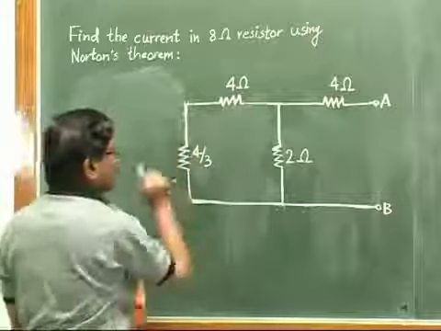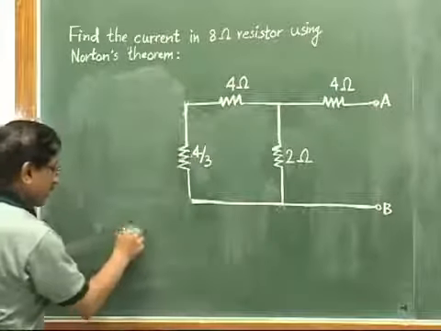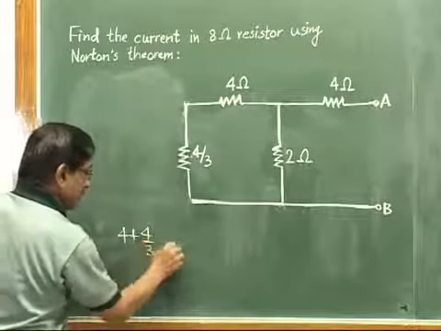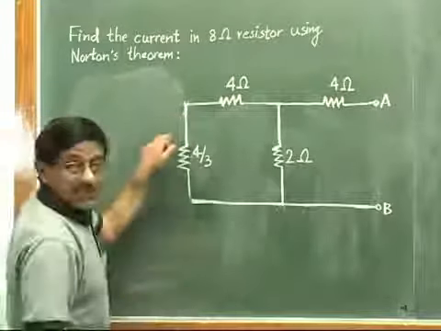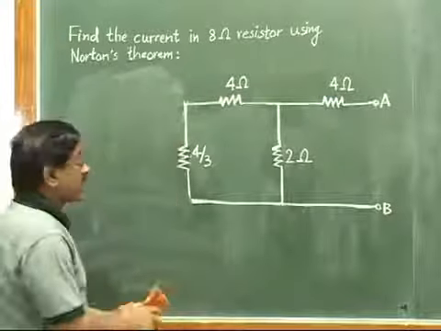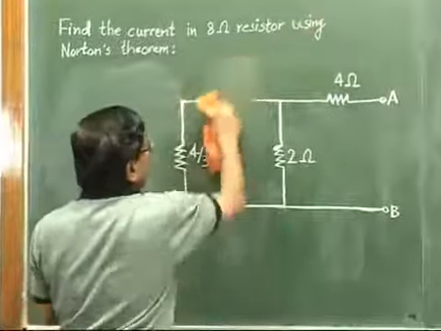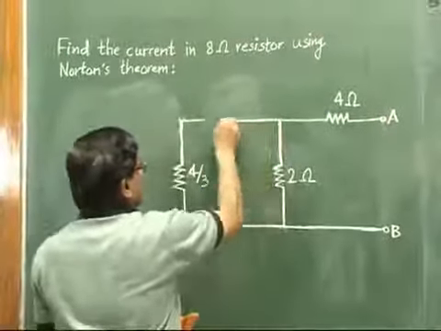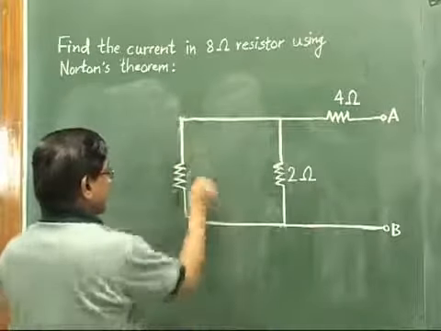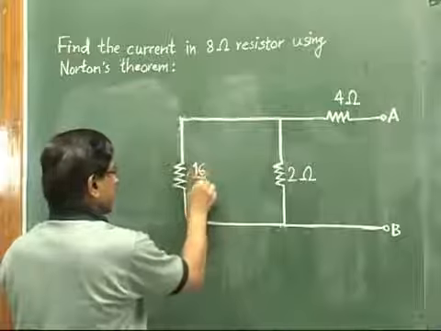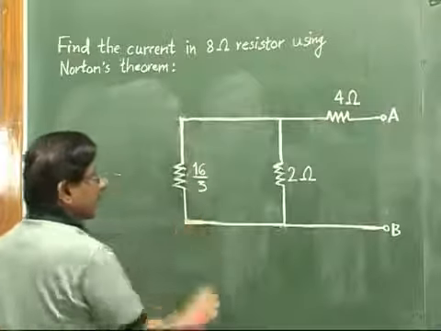So we replace these two resistances by a single resistance of 16 by 3. So the circuit will be reduced like this. Now this value we show as 16 by 3. Further we have to simplify.